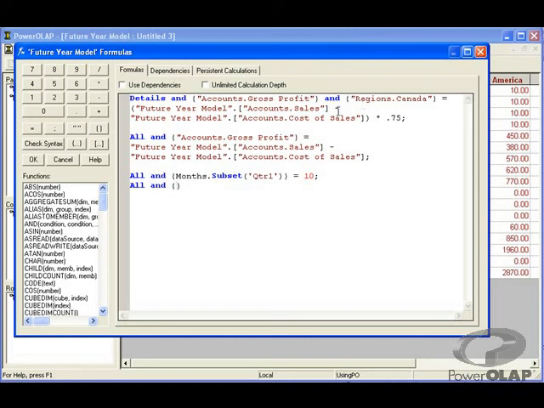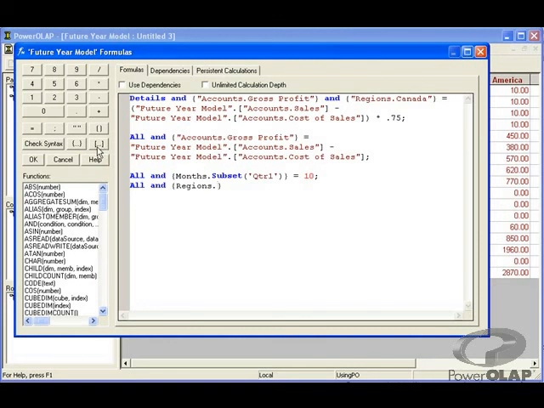And in this example, we need to specify what parent we want to use the children of. I'm going to select my regions dimension. The syntax is regions dot, then the name of the parent you'd like to use.